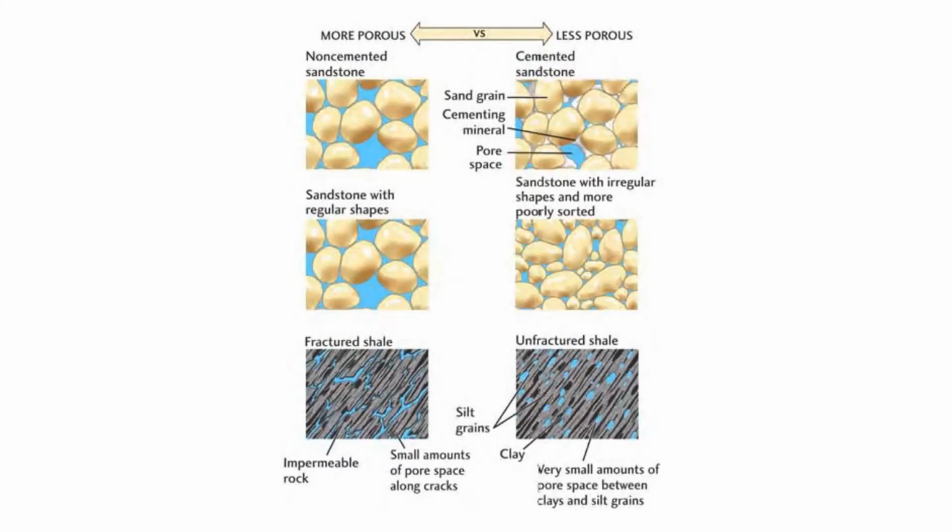So poor sorting will always reduce the porosity. Fracturing, the degree to which we have cracks in the rock, we talked about that. If we have more fractures, we have more fracture porosity. It's kind of a no-brainer.